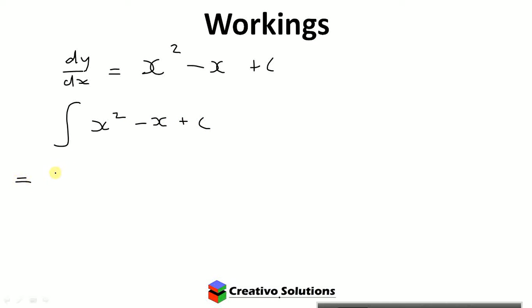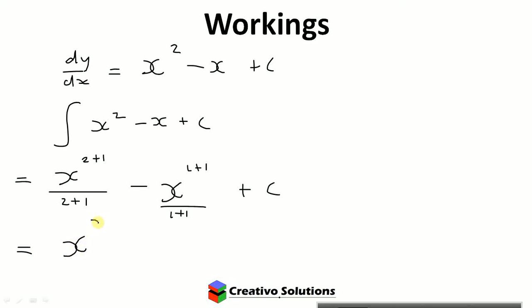Same story applies; I'm going to put in the extra step: x to the 2 plus 1 over 2 plus 1, minus x to the 1 plus 1 over 1 plus 1, plus c. So now I know what the function is: x cubed over 3 minus x squared over 2 plus c. There's my y equals.